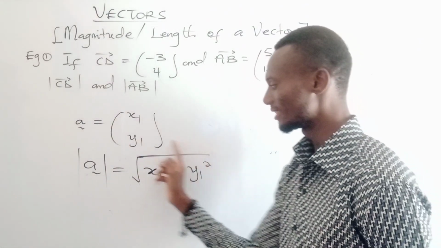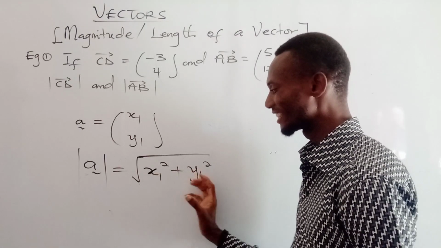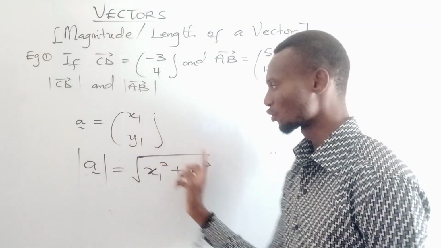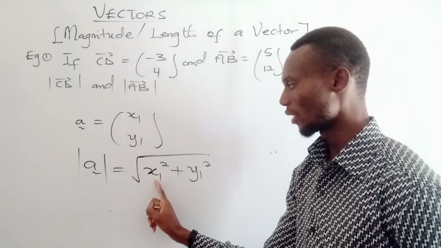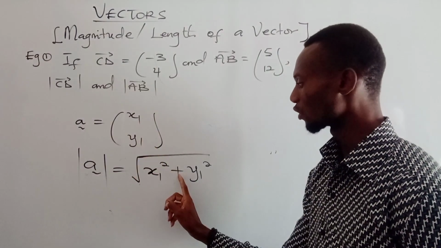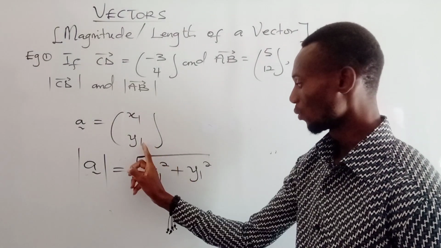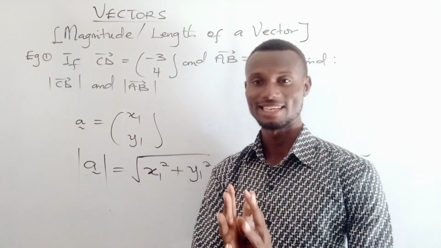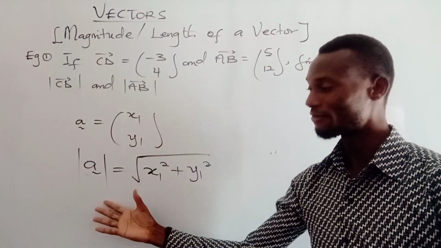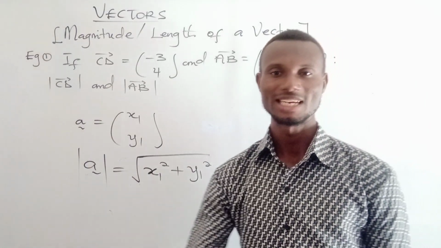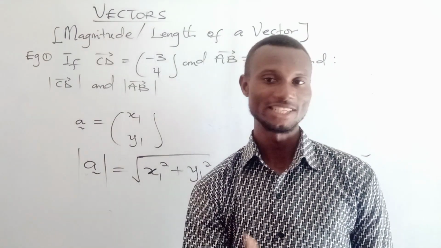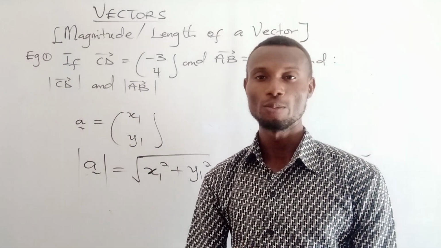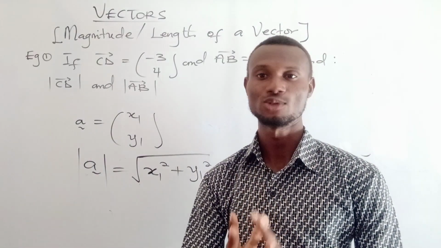So you can see that it is the square root of the sum of the squares of the components of the given vector: the square root of x1 squared plus y1 squared. I hope the explanation is clear enough up to this point. So this is the formula for finding the length or the magnitude of any given vector. I hope you understand up to this point.